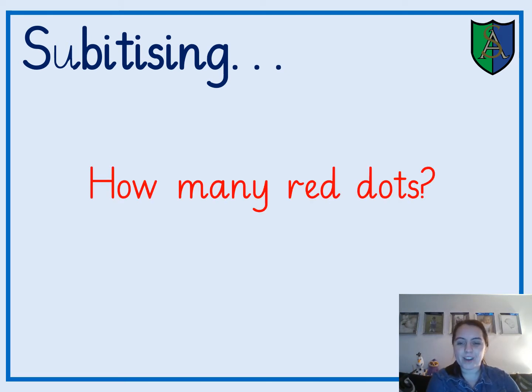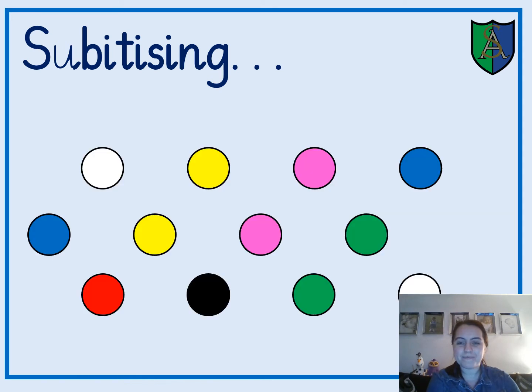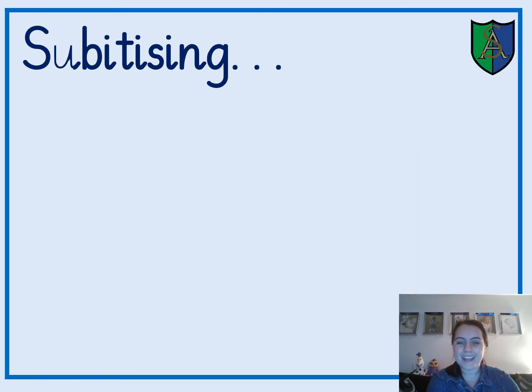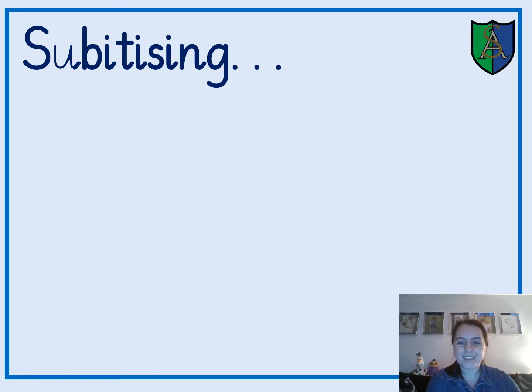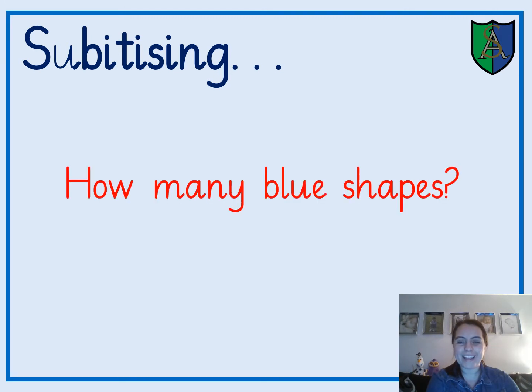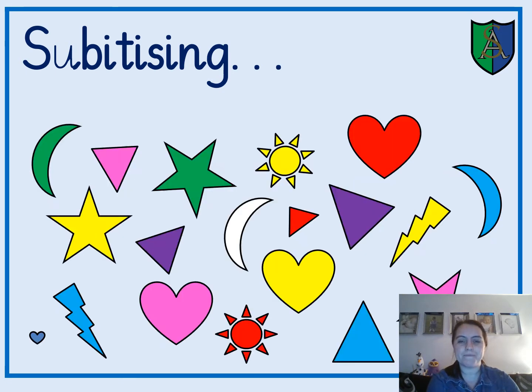How many red dots can you see? Excellent work, well done. How many red dots again? Keep those eyes on the screen. Brilliant job. And finally, this one's a bit tricky. Let's see how many blue shapes you can see hiding in the picture.